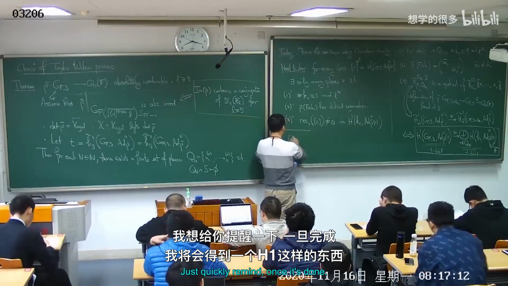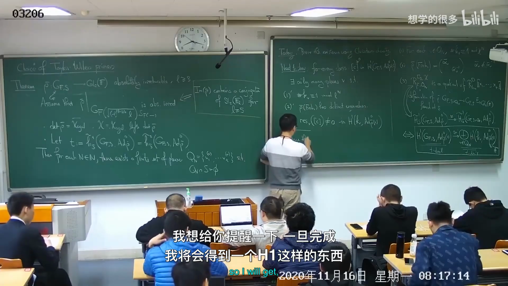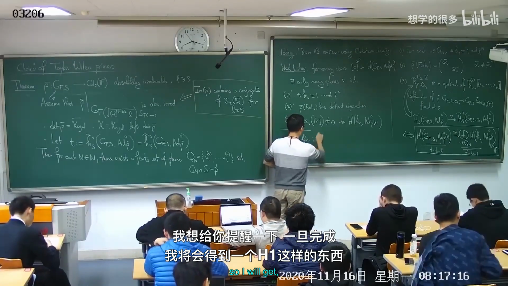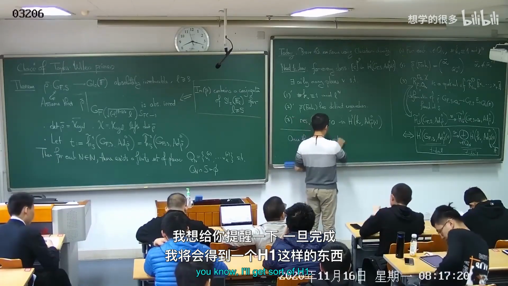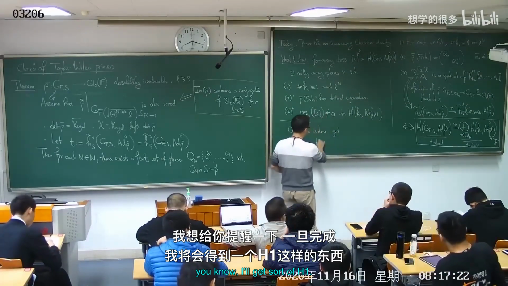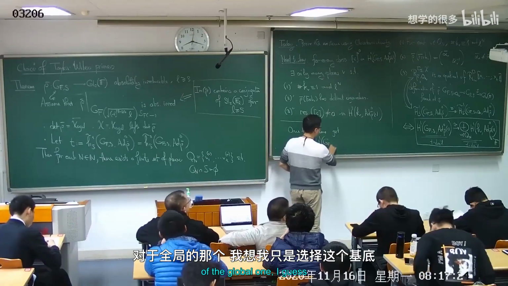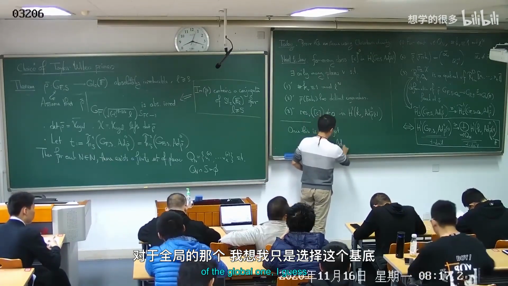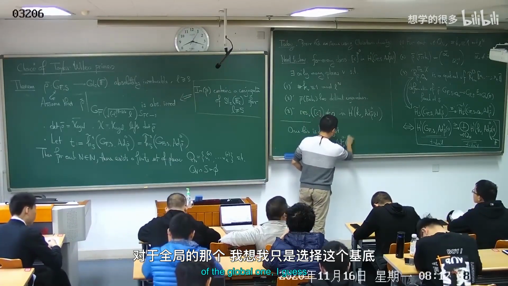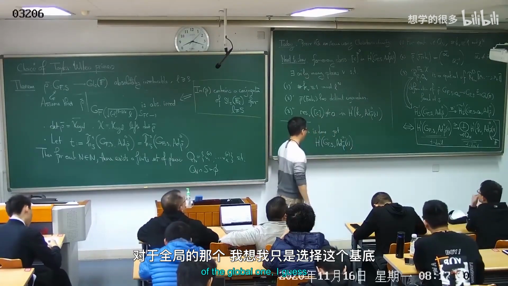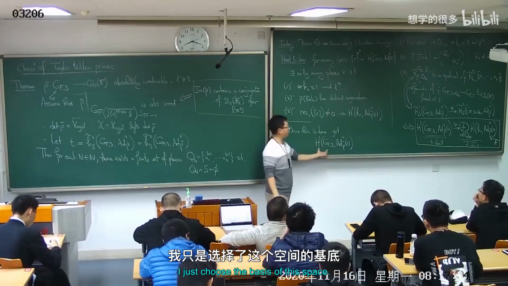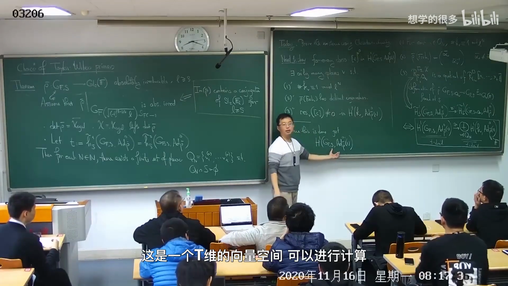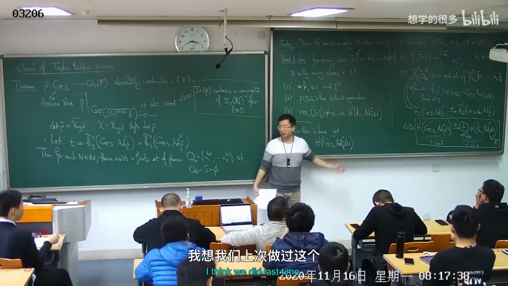Just a quick remark, once it's done, I'll get H1 of the global one. I'll just choose a basis of this space. It's a t-dimensional vector space, which can be computed. I think we did last time.